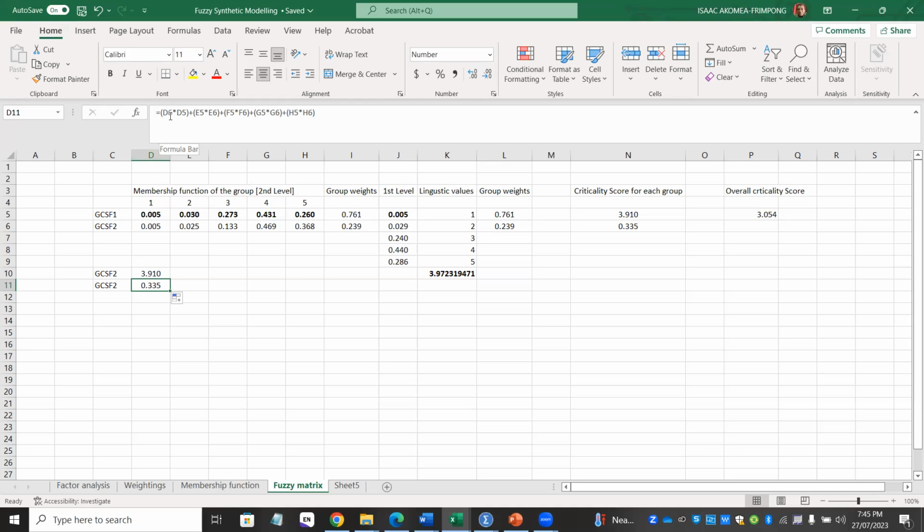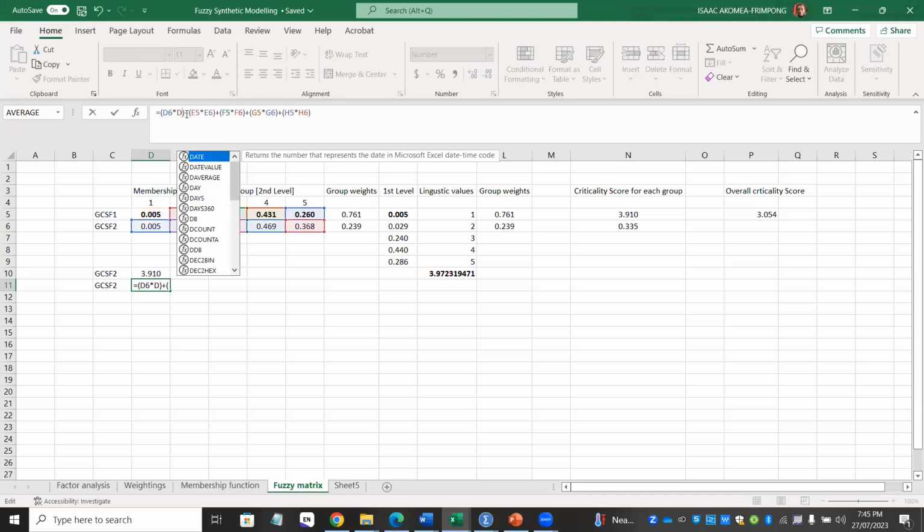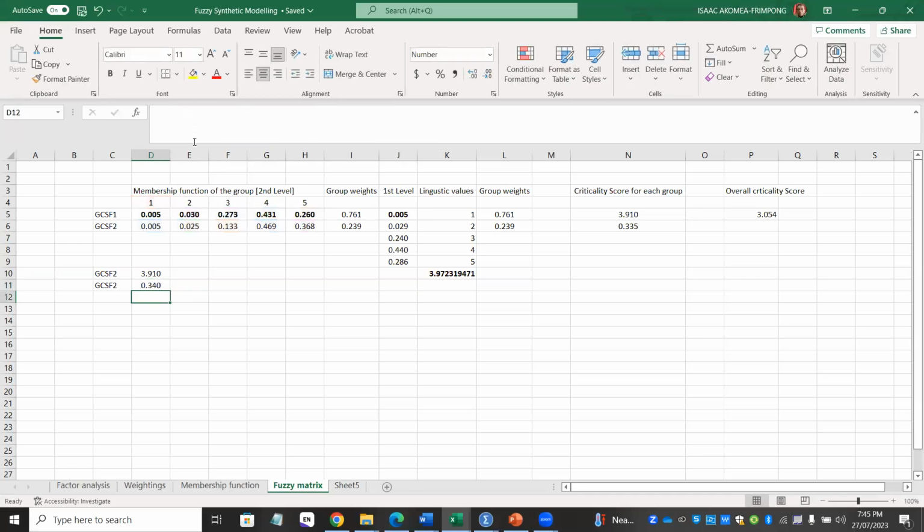D6 times D4 is, I think it's wrong. The figures are not correct. I'm sorry, it's not supposed to be like that. If you do that, you'll get a wrong answer.